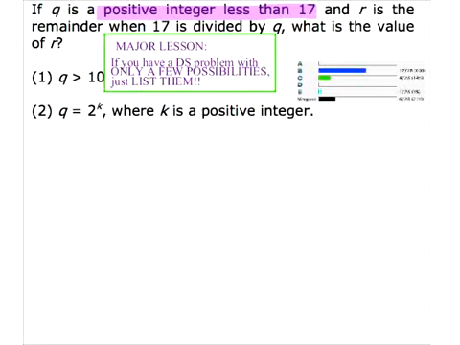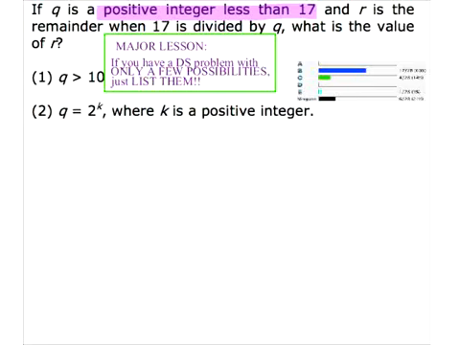There's not a lot of positive integers less than 17, so there's no reason to chance it with using theory here. You might as well just go for it. So Q is greater than 10. There's only 6 possibilities in total.